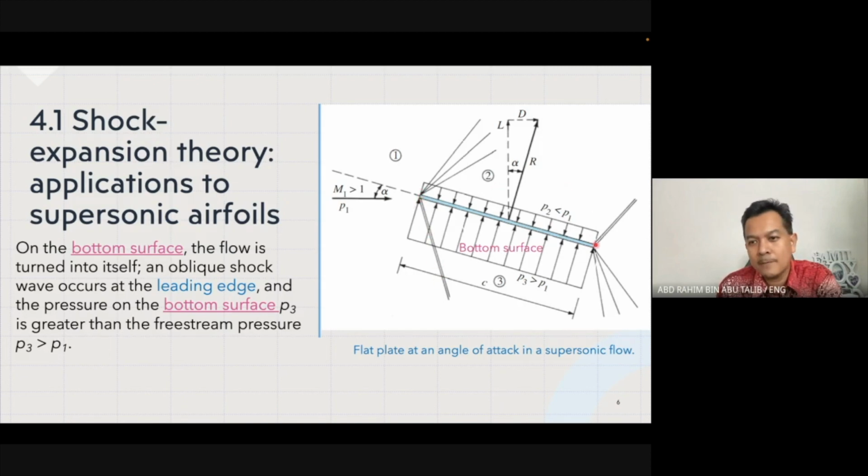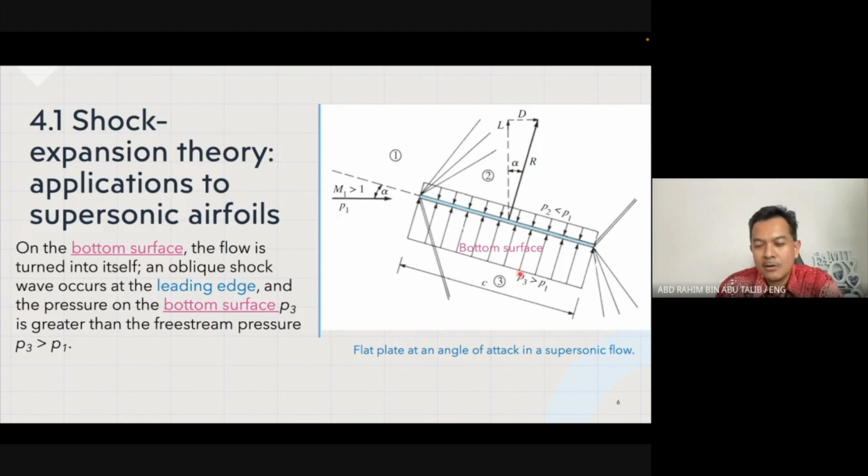Similarly, what happened on the trailing edge of the top surface. So on the bottom surface, the flow will experience an oblique shock wave, and the pressure on the bottom surface, P3, okay, we call it P3, is actually greater than P1, the free stream pressure.